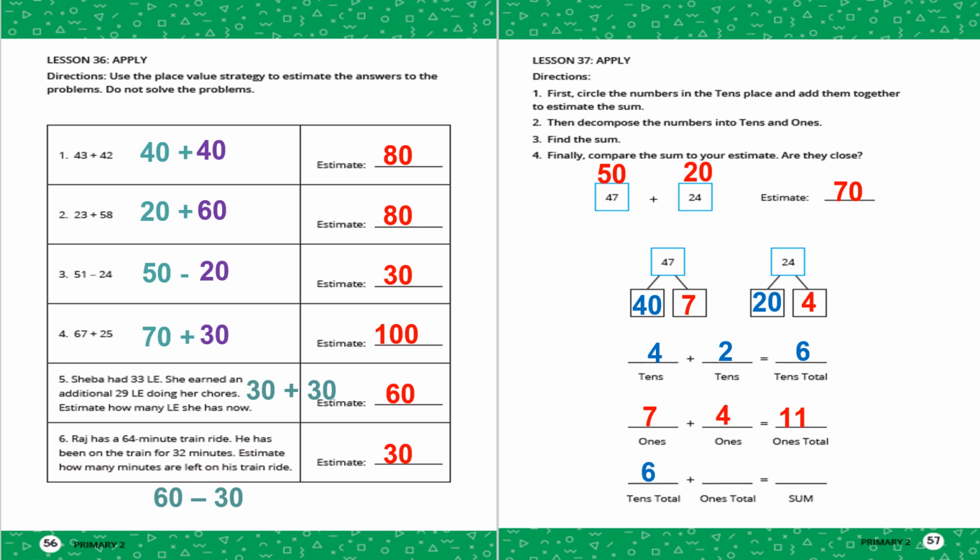Ones total is 11. 6 tens equals what? If we cancel the word tens, we must put 0. So 6 tens equal 60. Plus 11. So 60 plus 11 equals 71.